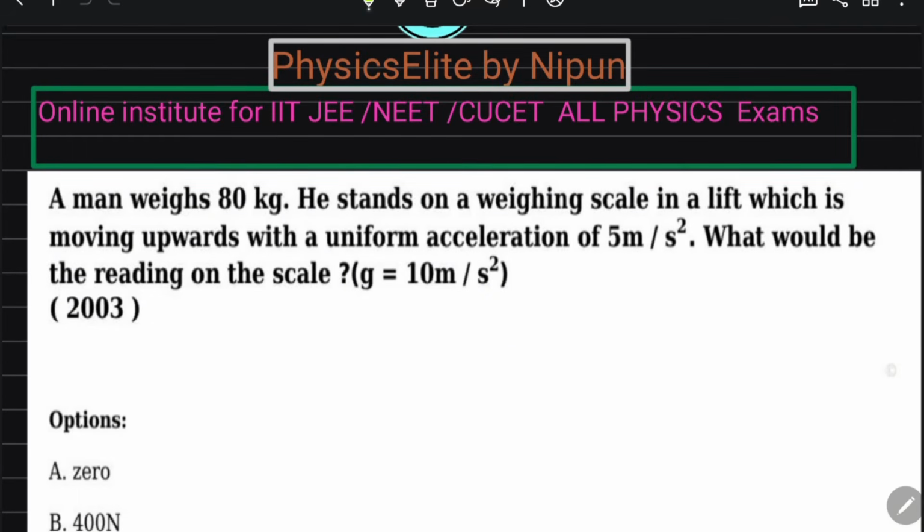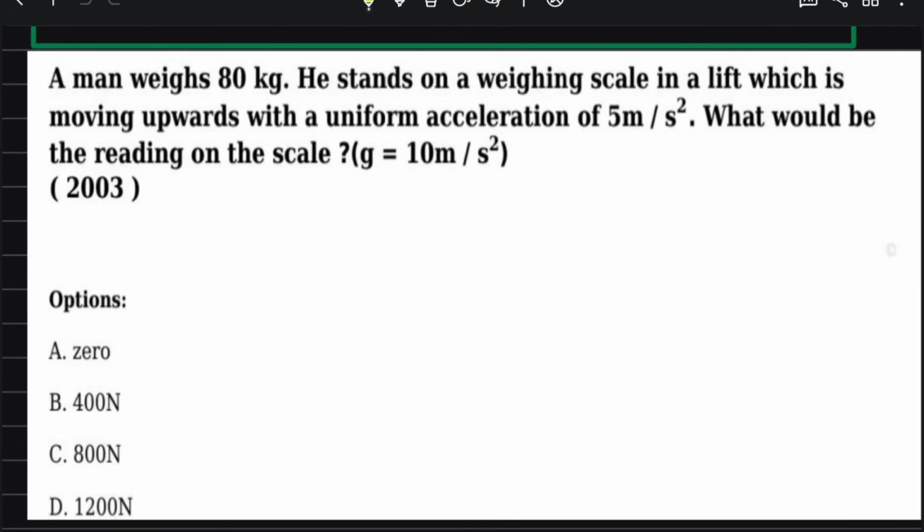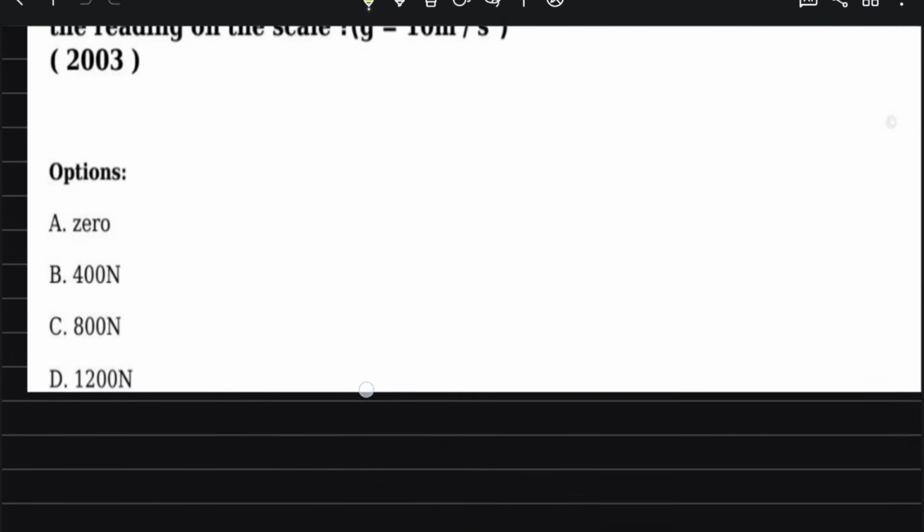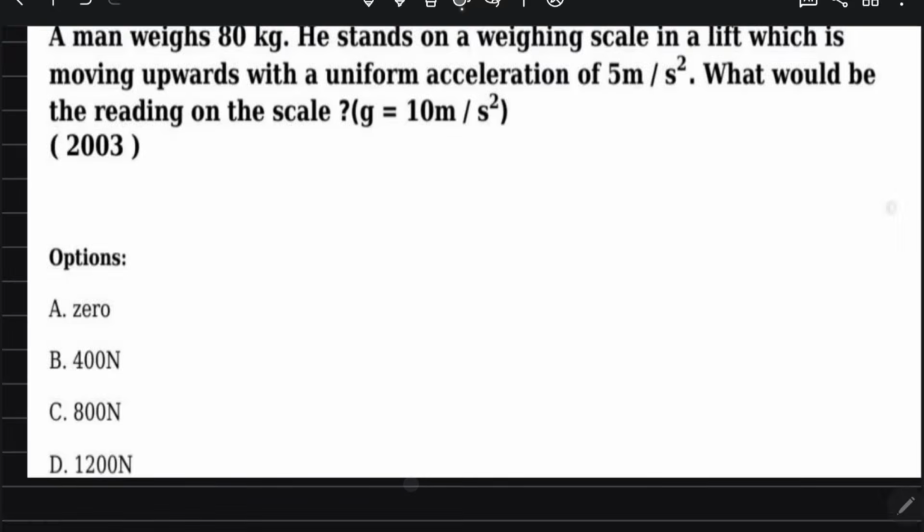So I proceed to the next question. A man weighs 80 kg. He stands on a weighing scale in a lift which is moving upwards with a uniform acceleration. What would be the reading of the scale? It is like this situation. There is a weighing machine.